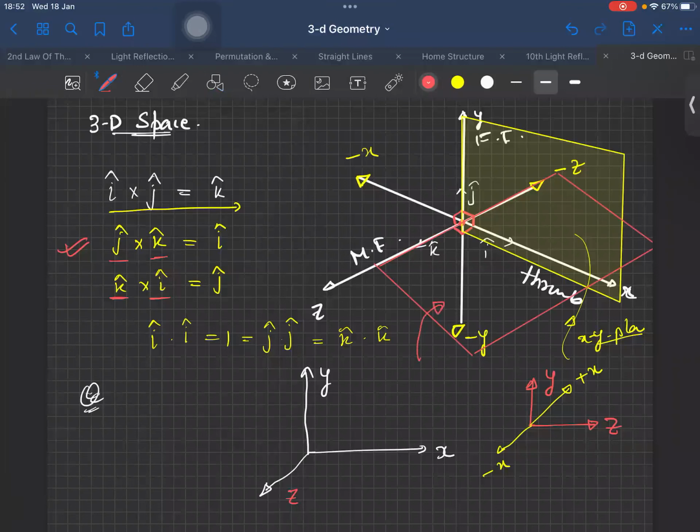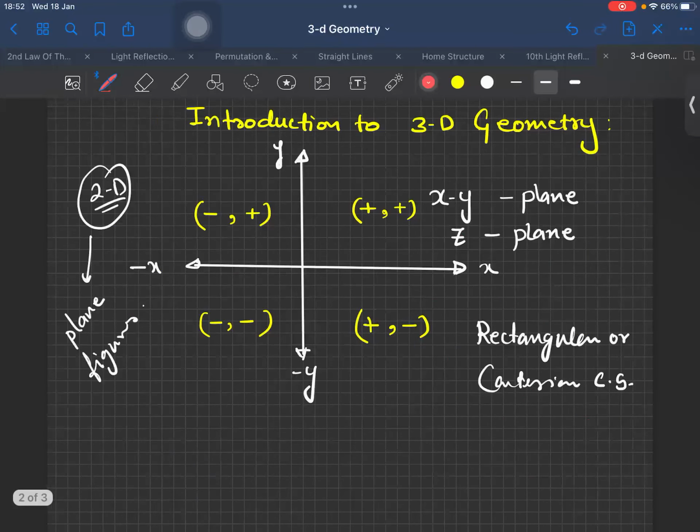This plane can be defined using x and z. We don't need y at all, right? So this is called xz plane or y plane. Just understand here. We are writing in terms of 2 variables, x, y. So when you write in terms of third variable, that means that variable must be perpendicular to that plane. That's why we are writing z plane, because z is perpendicular on xy plane.